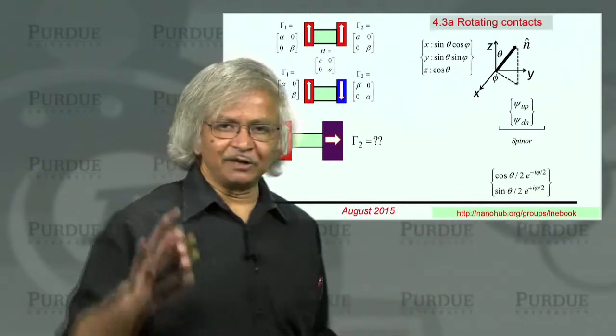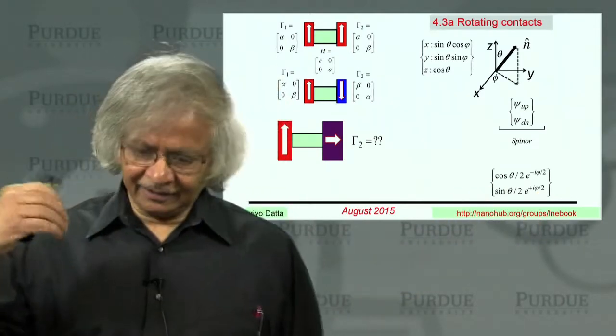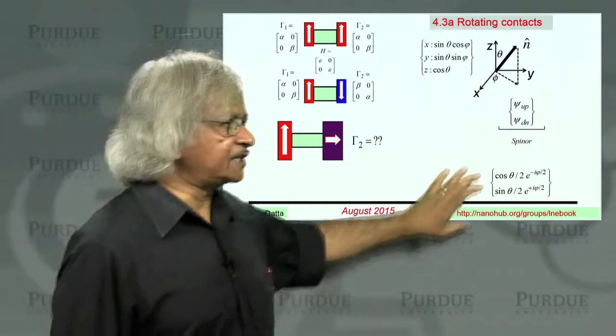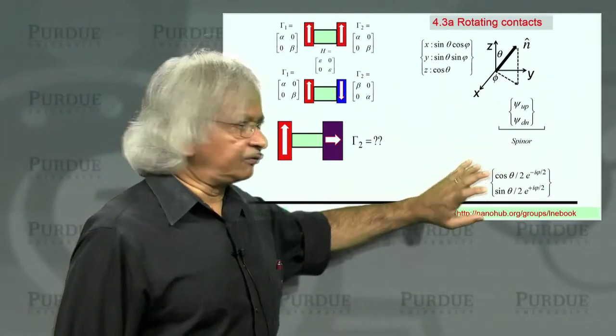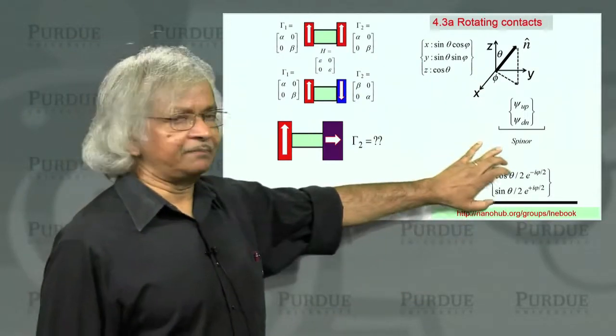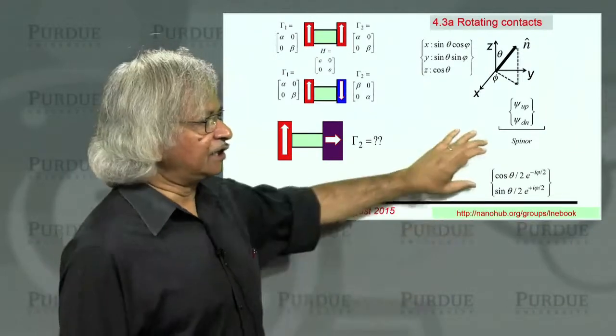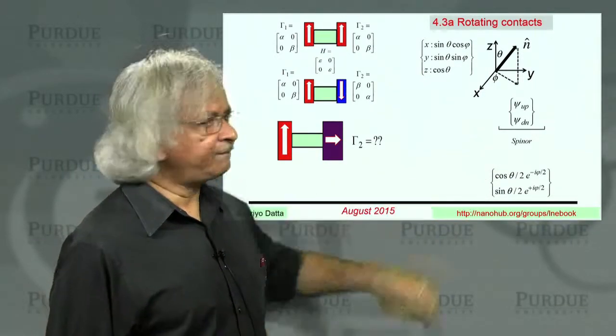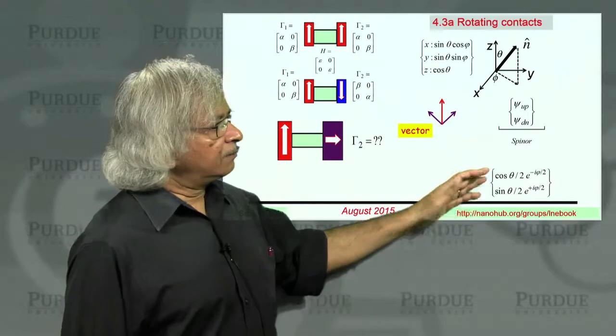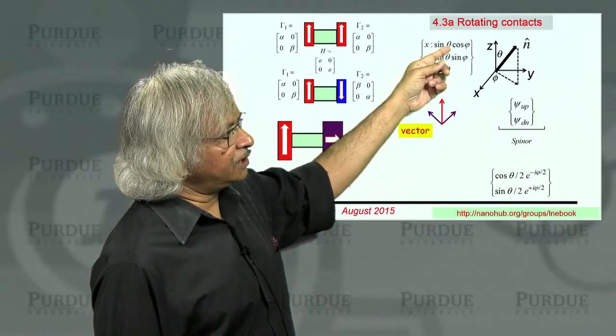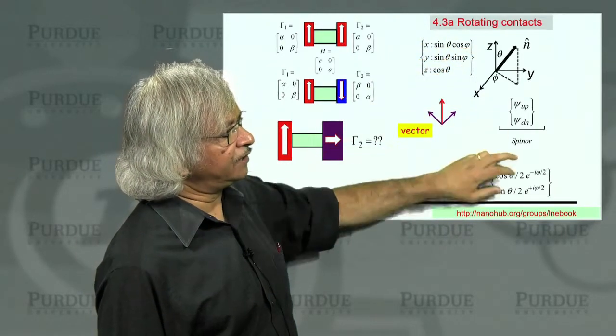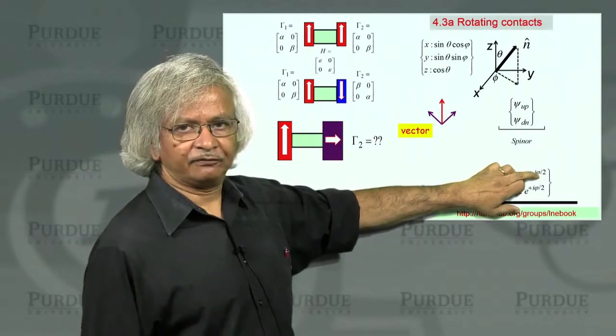Now, this isn't meant to be obvious, and in the next lecture, I'll try to justify this. But for the moment, let's just accept this and we'll talk about the consequences of it. The main point to note is how here you had a theta and a phi, and here you have half theta and half phi.